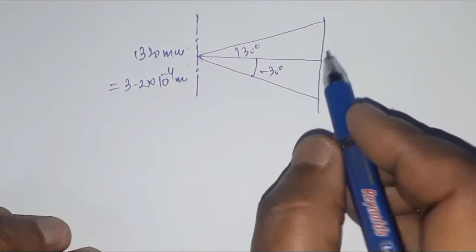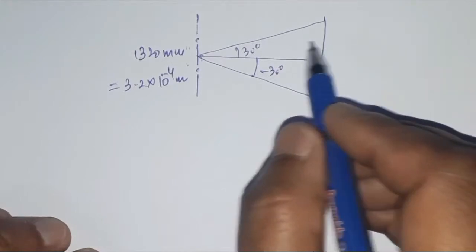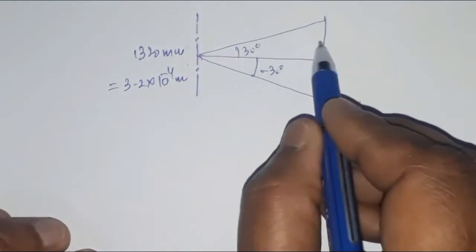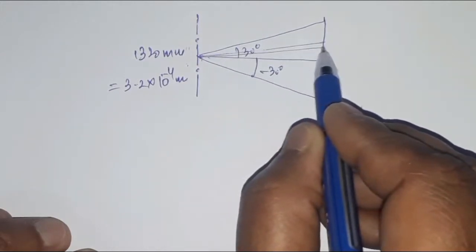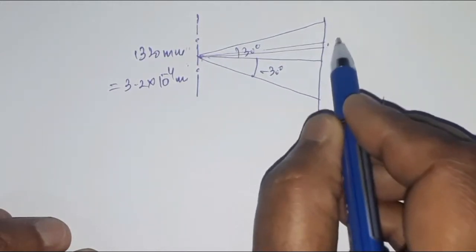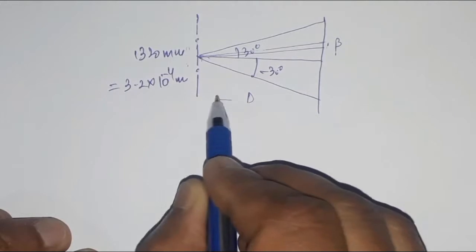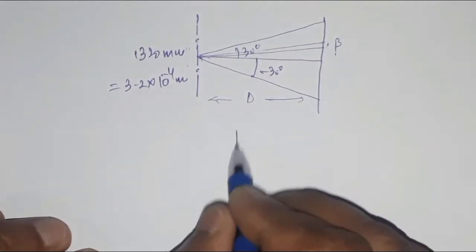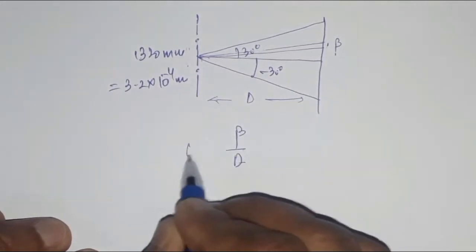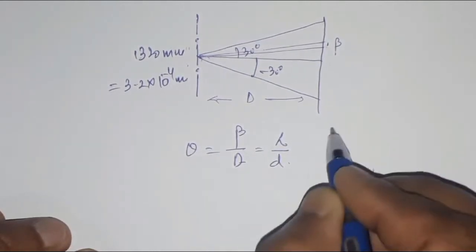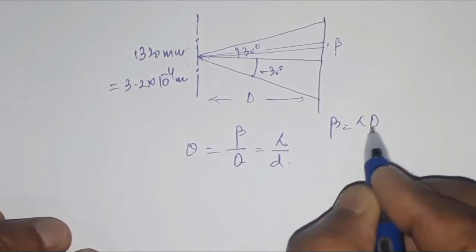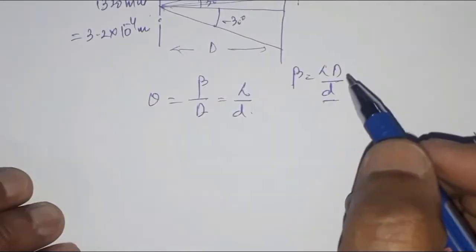So first we can find the angular width. What is angular width here? If this is beta, this is capital D, that means angular width will be beta by capital D, that is theta equal to lambda by d, because we know that beta is equal to lambda D by small d. This is the fringe width.